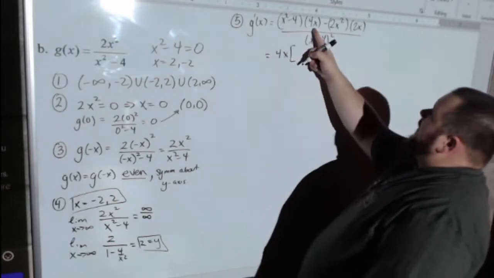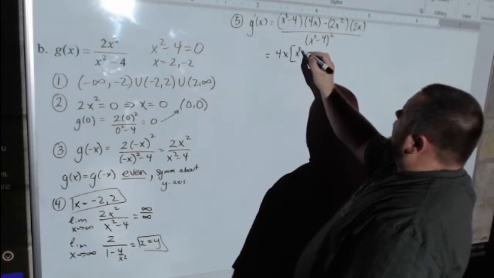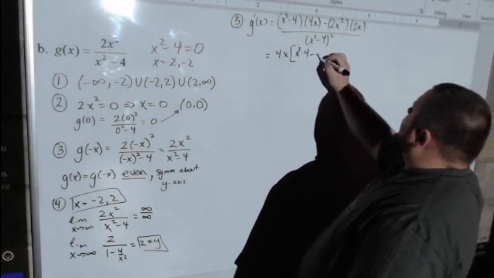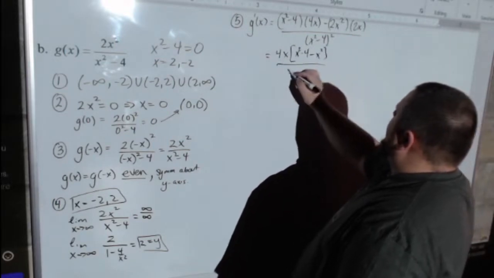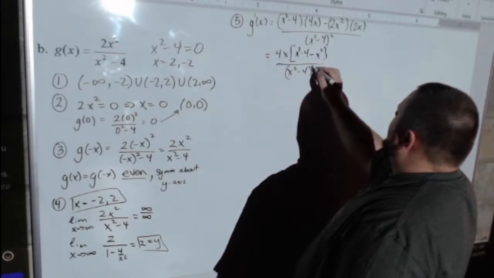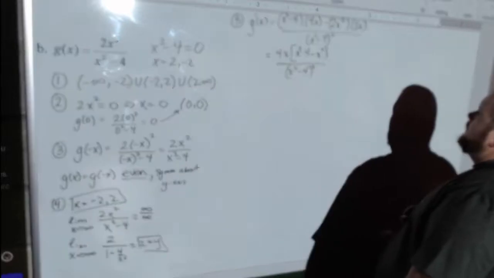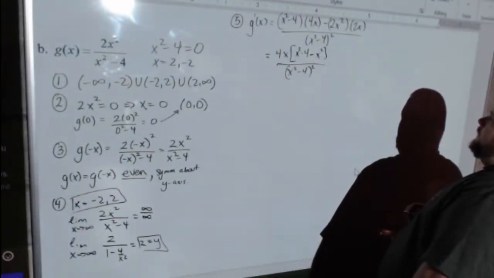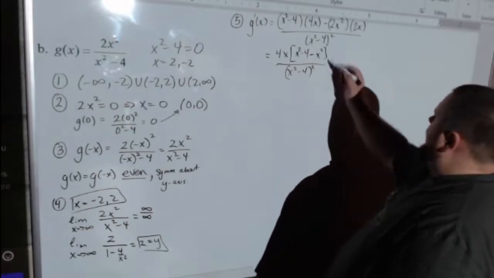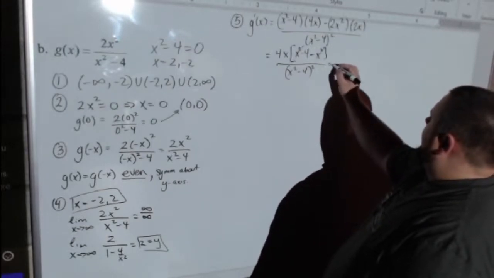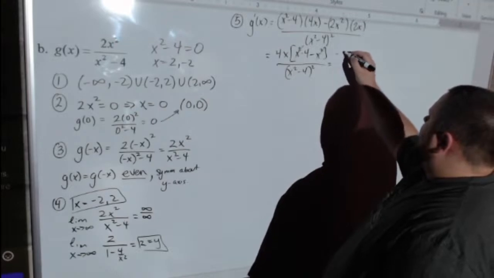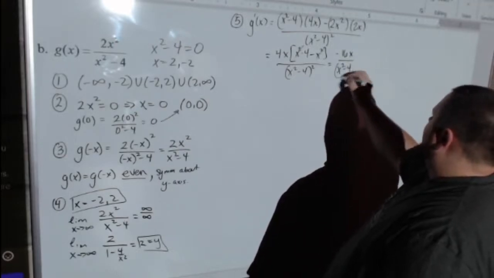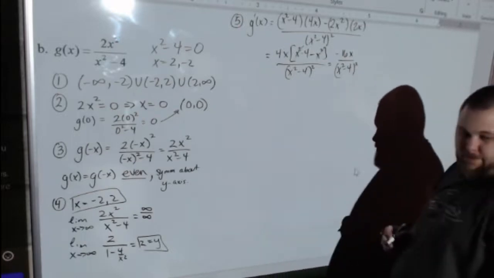If I take out a 4x, I leave behind an x squared minus 4 and minus x squared. So those cancel, and you're left with a minus 16x over x squared minus 4 quantity squared.